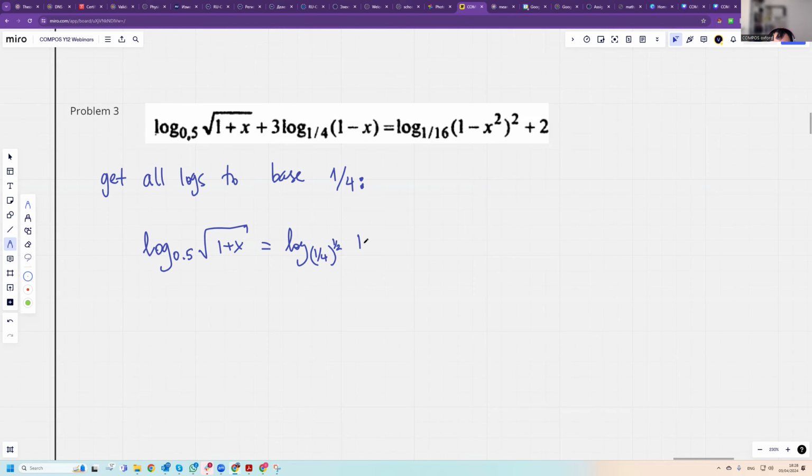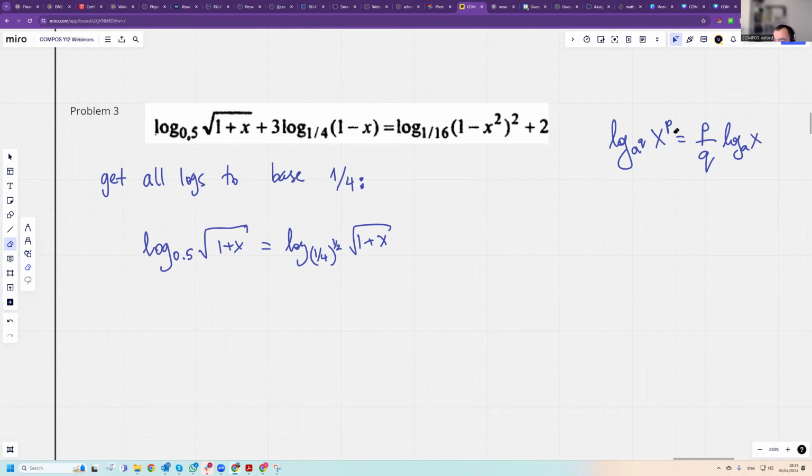And this is the square root of 1 plus x. Now there's a rule. I hope you know this rule. Log base a to the power q of x can be written as 1 over q log base a of x. So if the base of a log is to a power, this power can be brought to the front as the denominator.